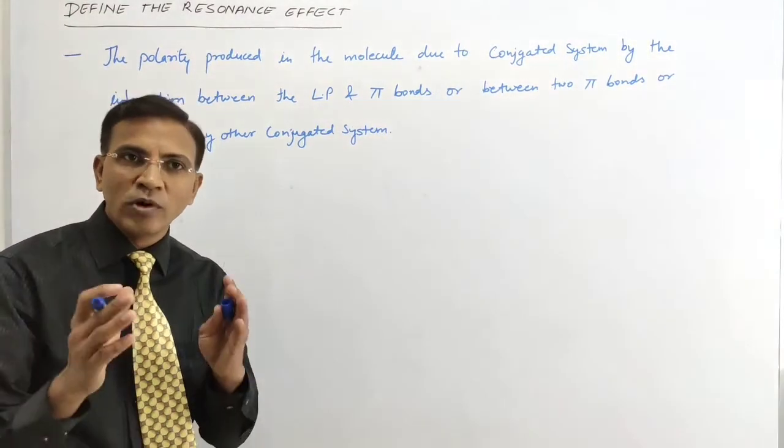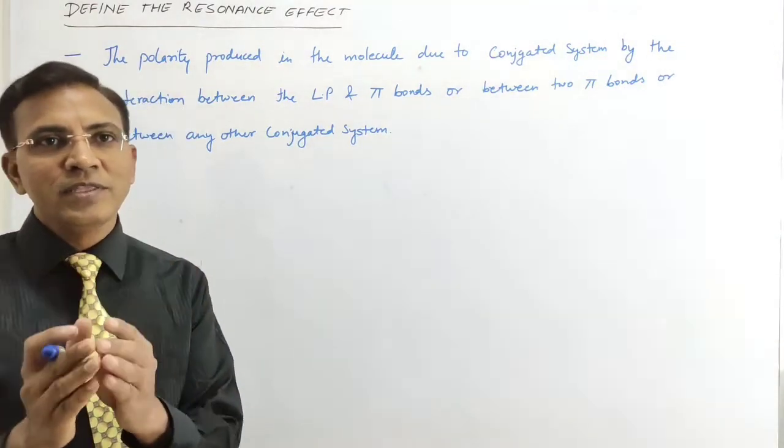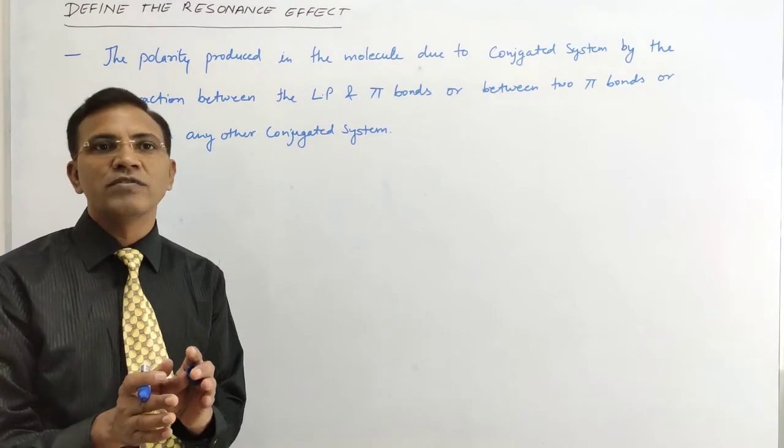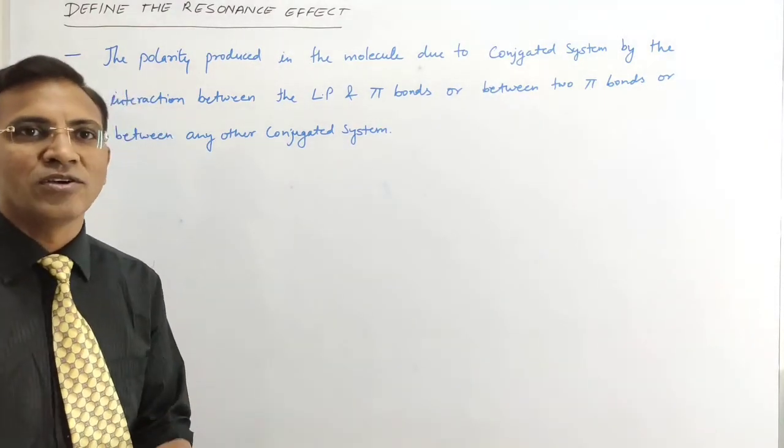So mainly the polarity is produced within the conjugated system. That is the effect of resonance on the molecule, right?